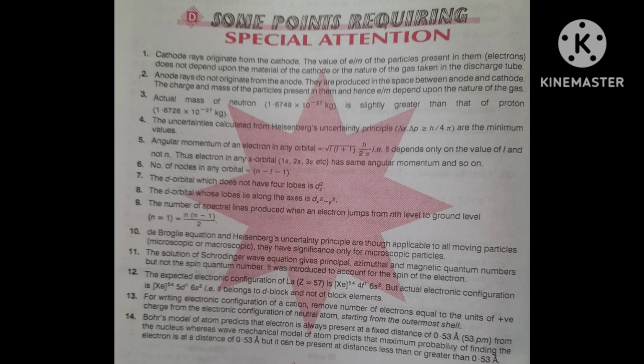But the actual electronic configuration, now understand, it should be 4f1 6s2 in the regular way, but the actual configuration is xenon 54 then 5d1 6s2, not 4f1.